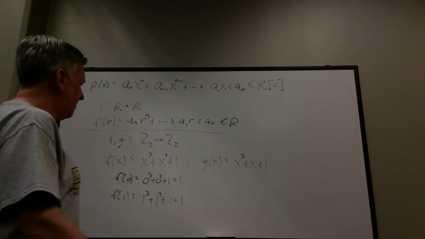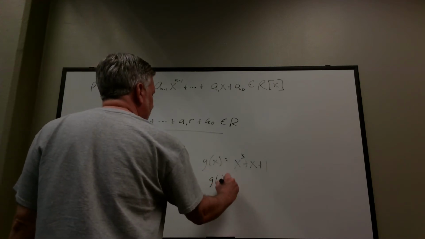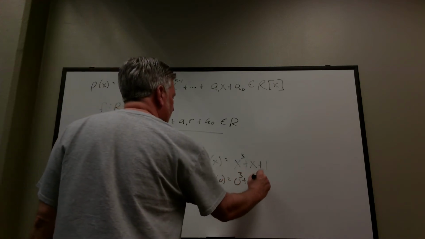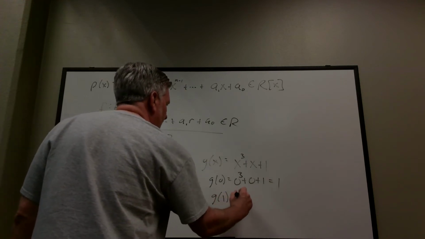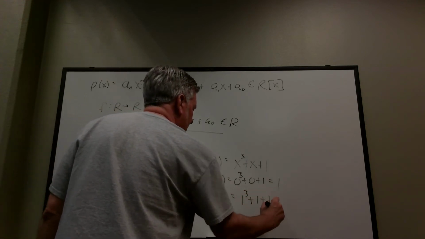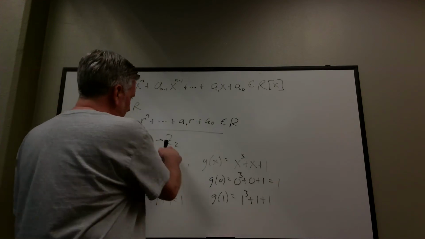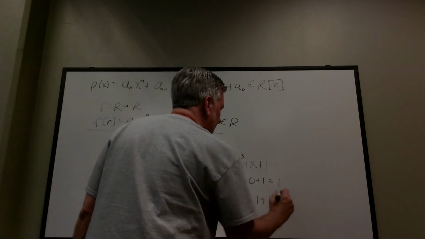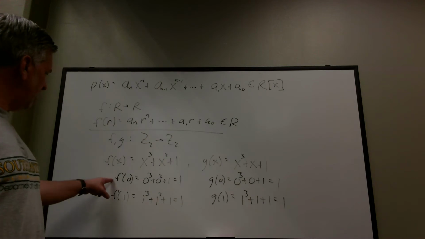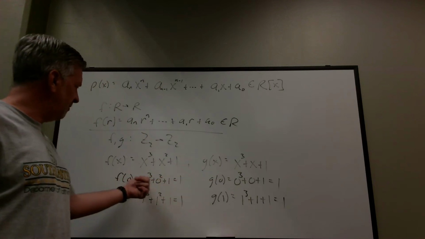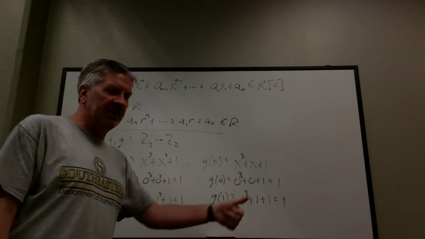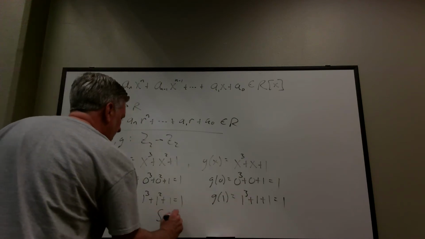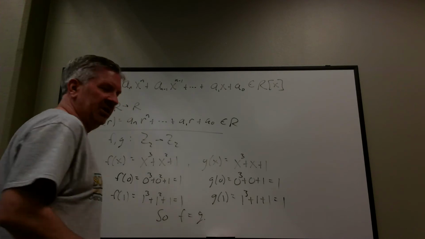Now what if we do the same thing over here? g(0) is 0 cubed plus 0 plus 1, which is 1. And then g(1) is 1 cubed plus 1 plus 1, which again is 3, and we're in Z_2, so 3 mod 2 is 1. Notice f and g do the same thing to 0. They take 0 to the same element 1. They take 1 to the same element 1. So our conclusion is f is g.